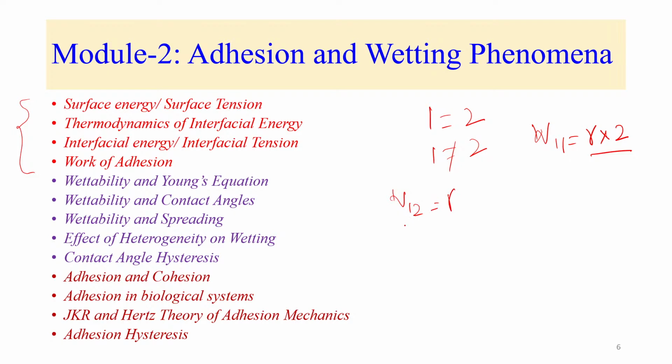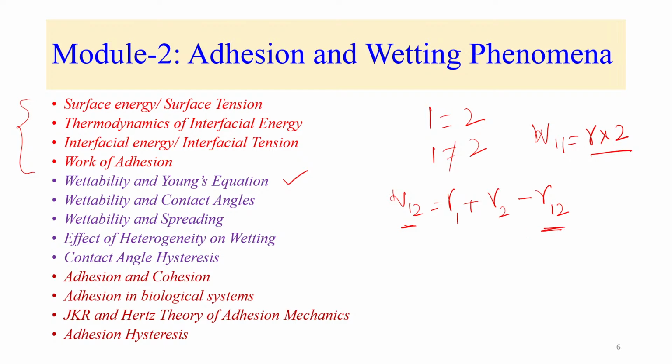So the work of adhesion between 1 and 2 is the sum of the surface energy of 1 plus the surface energy of 2 minus the interfacial energy of 1 and 2. Accordingly, if you want to calculate the work of adhesion, we should know the wettability, and using Young's equation, this contact angle is related with the interfacial tension.